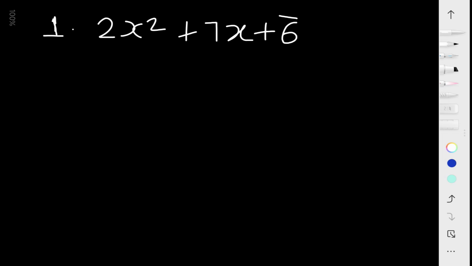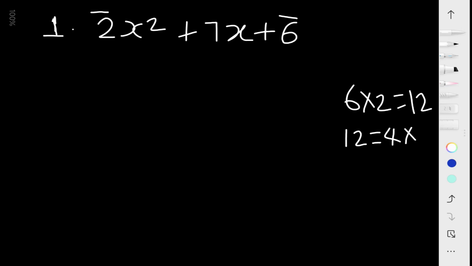You have to multiply 6 and 2: 6 into 2 equals 12. Then you can understand a very simple thing. 6 into 2 equals 12, and 12 you can write as 4 into 3.